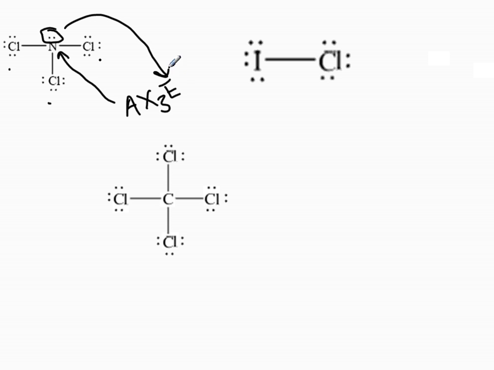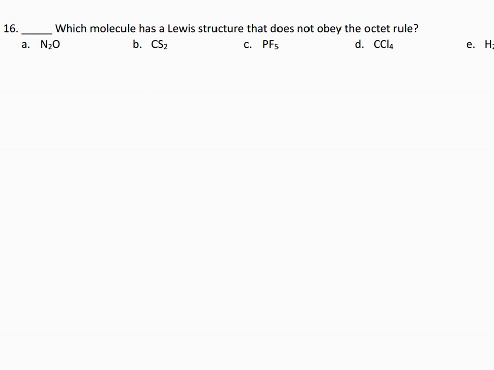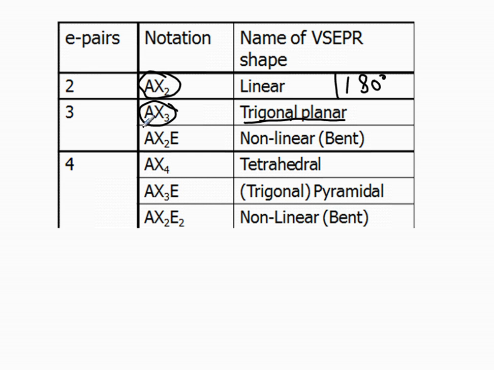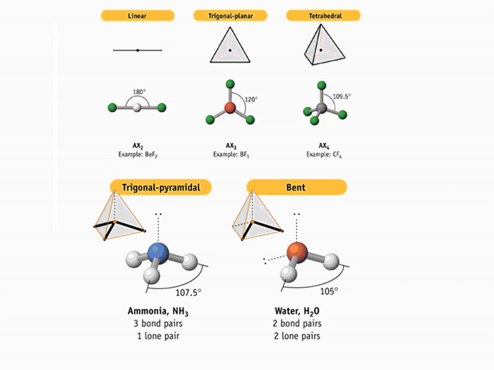If I look right here, AX3E is going to be pyramidal. So it's going to be a pyramidal molecule. The bond angle on that's going to be right around 107. I think it's 107.5. Check your notes, but actually, I have it here. Triangular pyramidal, the bond angle is going to be 107.5.